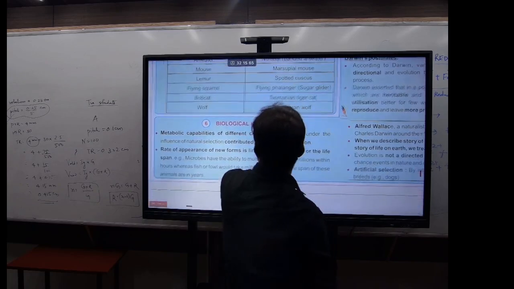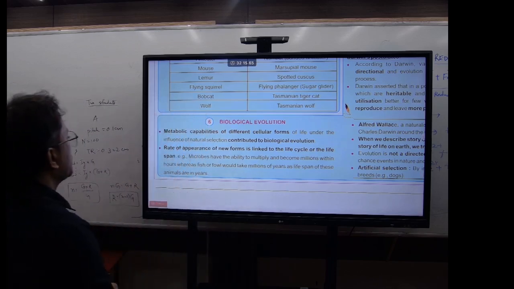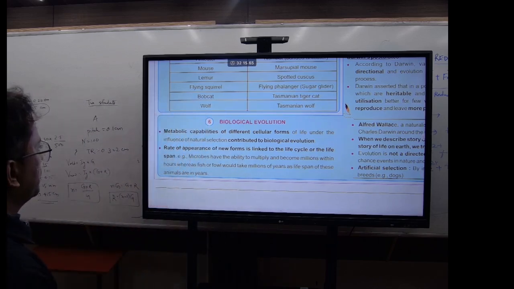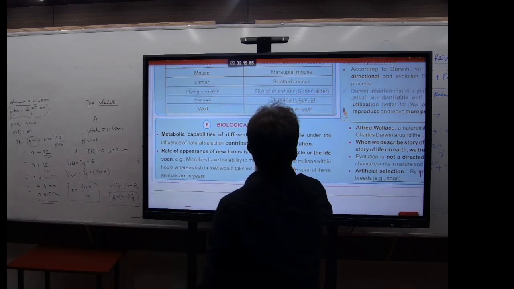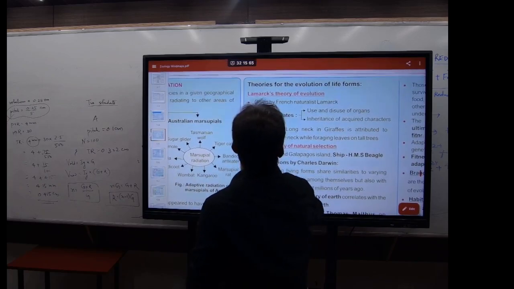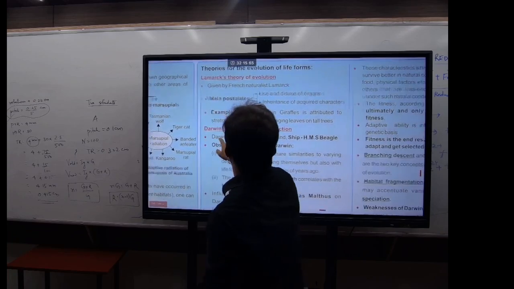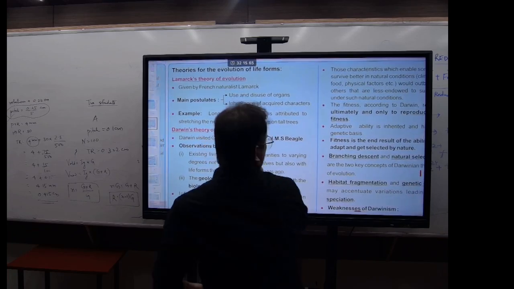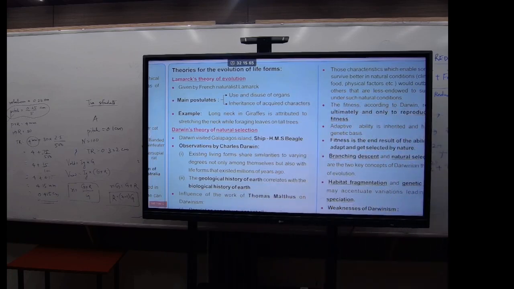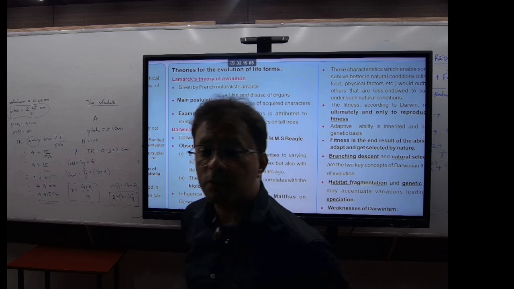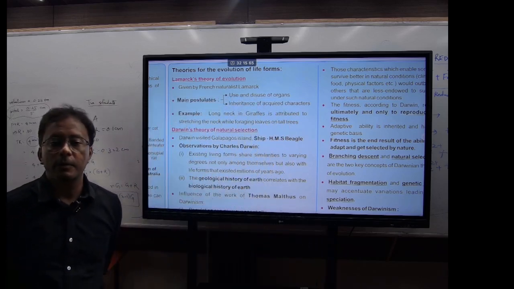Okay, see guys, biological evolution. Now coming to one important scientist here who is known as Jean-Baptiste Lamarck. He proposed a theory called the theory of inheritance of acquired characters.